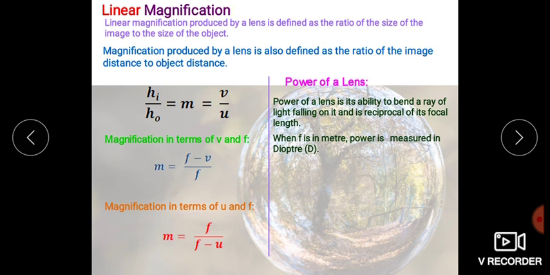Generally in our class 10th, we will write it as the reciprocal of focal length. When the focal length is in meters, the power of the lens has the unit called diopter. So when the focal length is expressed in meters, then P is expressed in diopters.